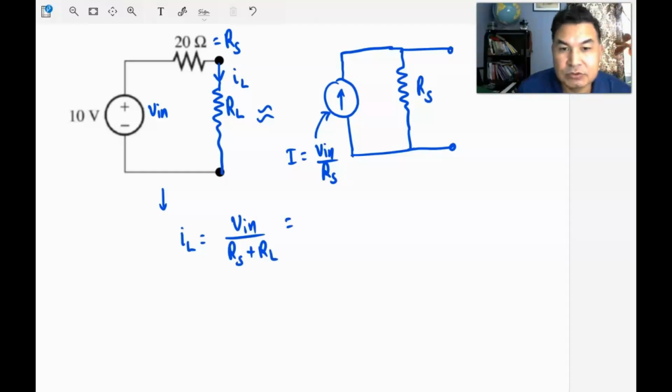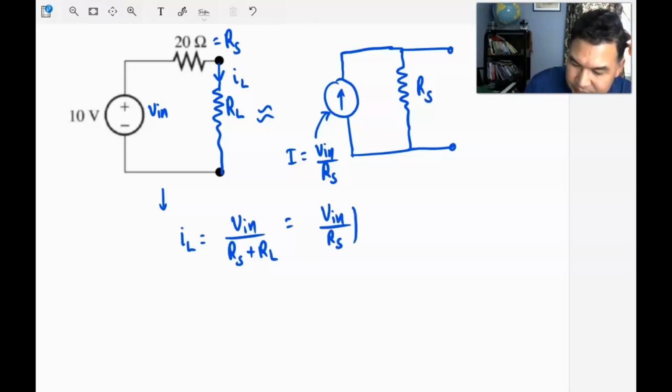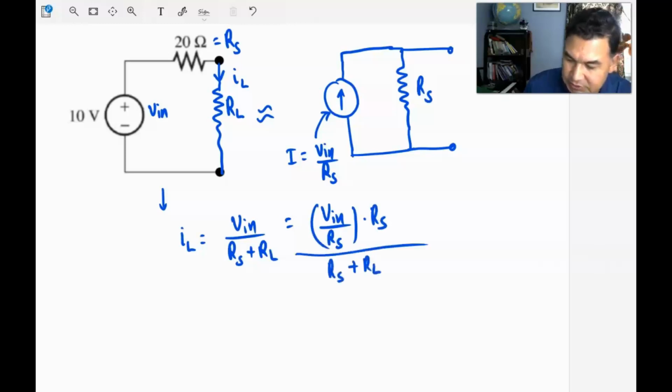And then we're going to do a little bit of rearrangement. I can divide and multiply by the series resistor, and in the denominator you still have the total resistance. Now V in divided by RS is some current. Let's replace that with this current source, so it's V in divided by RS, times RS divided by RS plus RL.